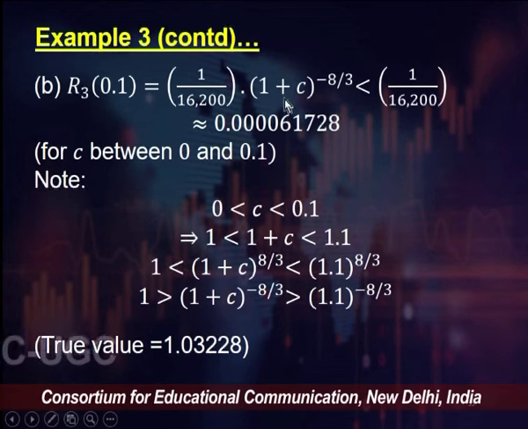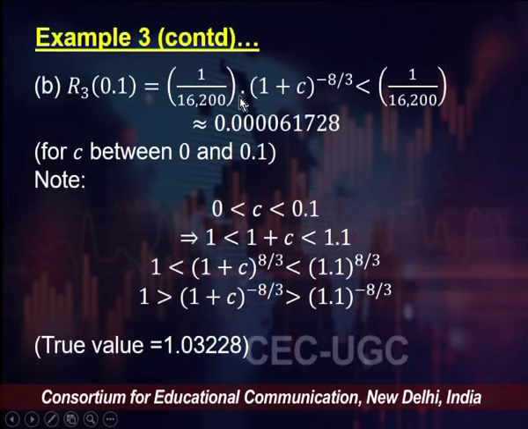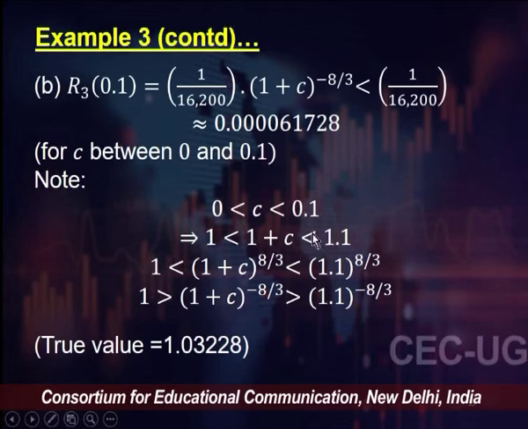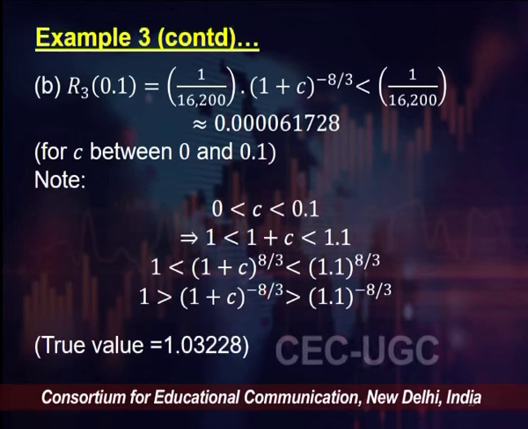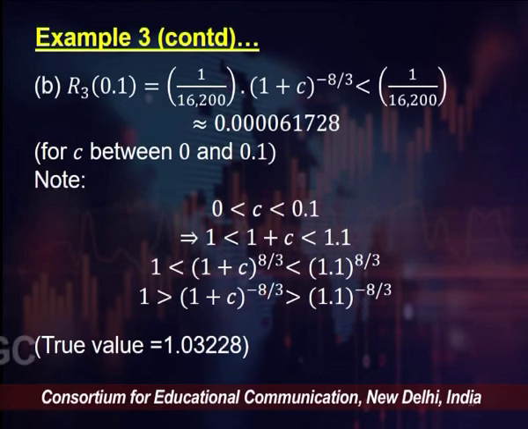So I just have to multiply in the first step by 1, and I get my upper bound as 1 by 16,200. Okay. And again, this is a very nice estimation, because the true value of the cube root of 1.1 is 1.03228, and what you got from your estimation was 1.03222, which is very, very close.